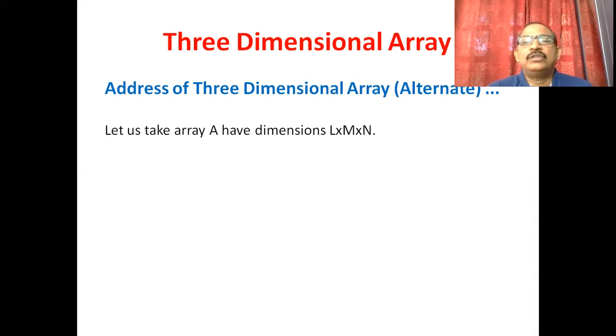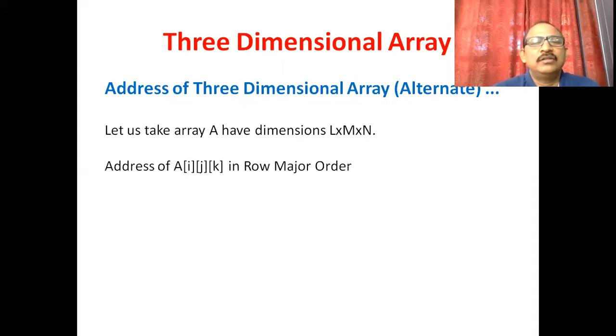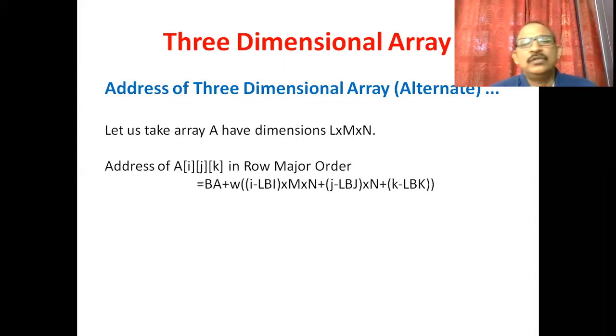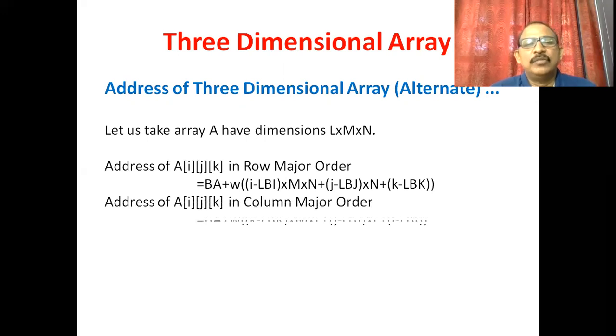Alternative formulas to determine the address of any element in a three-dimensional array in row major ordering and column major ordering are as follows. In row major ordering: Ba plus W into ((I minus Lbi) into m into n plus (j minus Lbj) into n plus (k minus Lbk)). In column major order: Ba plus W into ((k minus Lbk) into m into L plus (j minus Lbj) into L plus (I minus Lbi)).